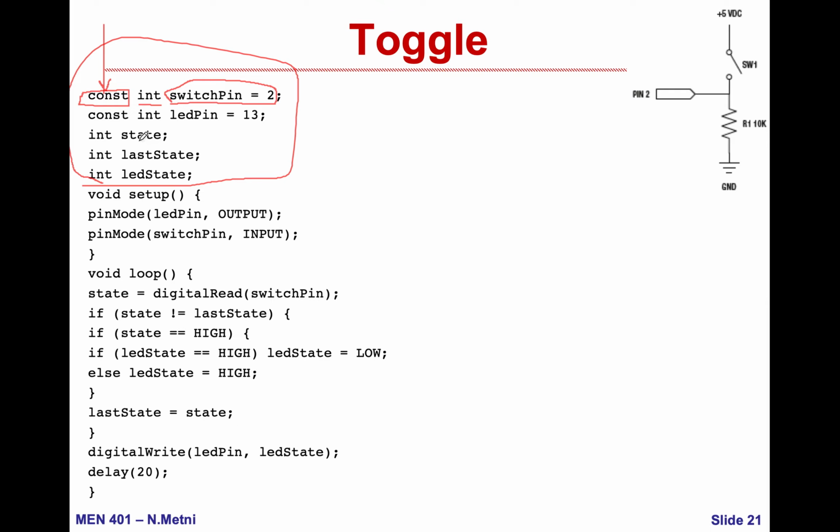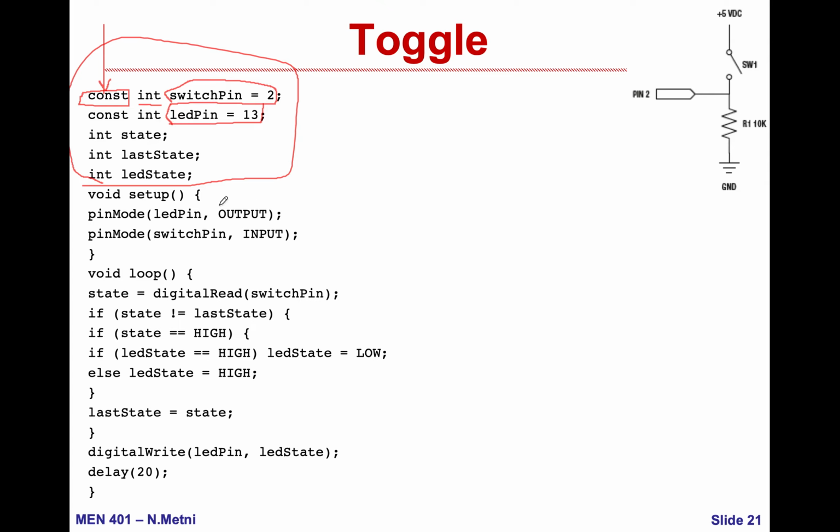I create state, I create last state, then I created LED pin. Why 13? Because, as I have told you, pin 13 of the Arduino is internally connected to the LED on the Arduino board. This is in order to have some testing without adding connections to the outside world.